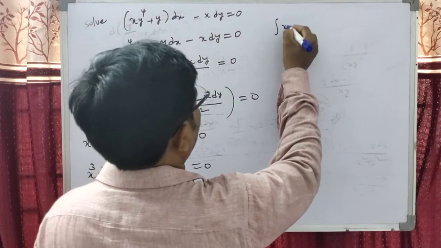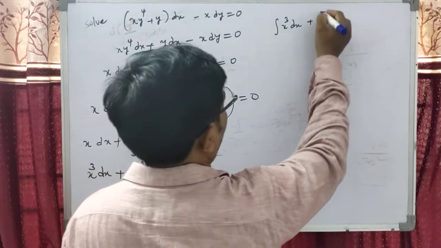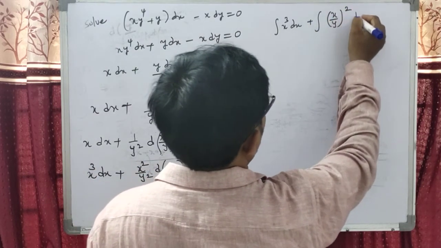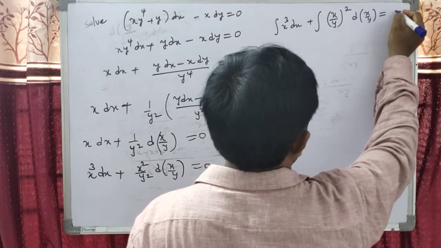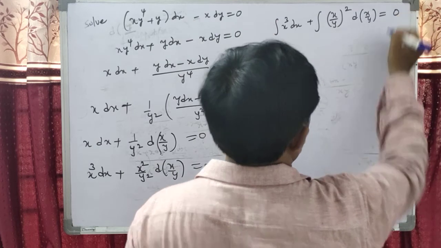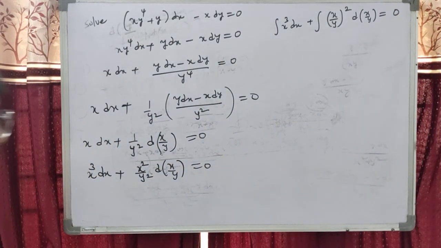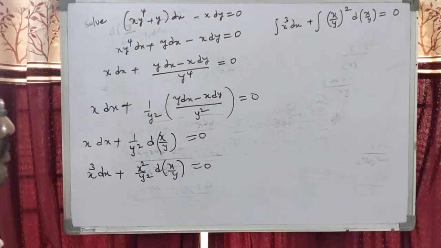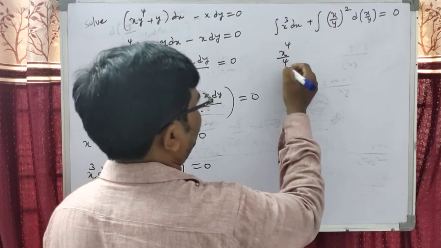That is the integral of x cube dx plus the integral of x by y whole square times the derivative of x by y equal to 0. My dear students, just 1 minute. When you apply the integrals, integral of 0 is nothing but a constant. Everybody knows that this is of the form x power 4 by 4.